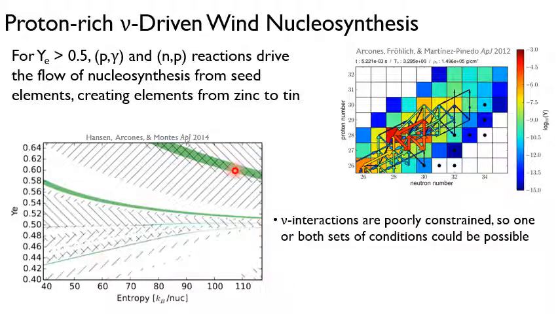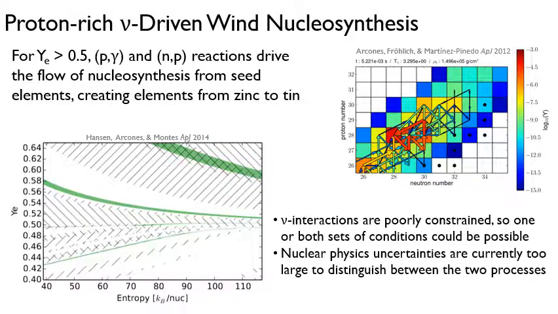Now, one complication is these model calculations used a single set of nuclear physics input data. And currently, the nuclear physics uncertainties are just too large to distinguish between the two processes. So in particular, there are several important NP reactions for this so-called neutrino P process, and there are several alpha N reactions for the so-called alpha process that we talked about in the previous slide.